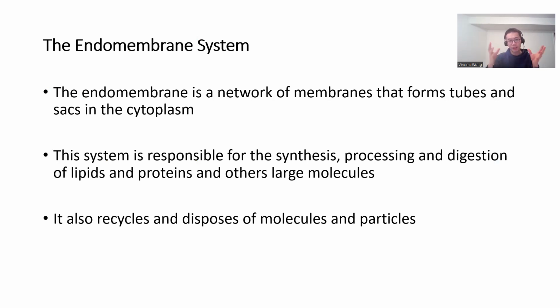A sac is like a vesicle, like a circle, in the cytoplasm. Together they work with each other and produce lipids and proteins, and in some cases help break down larger molecules. As you will see, they also recycle and dispose of things that are no longer needed. That's an overview of the collective function of the entire endomembrane system.